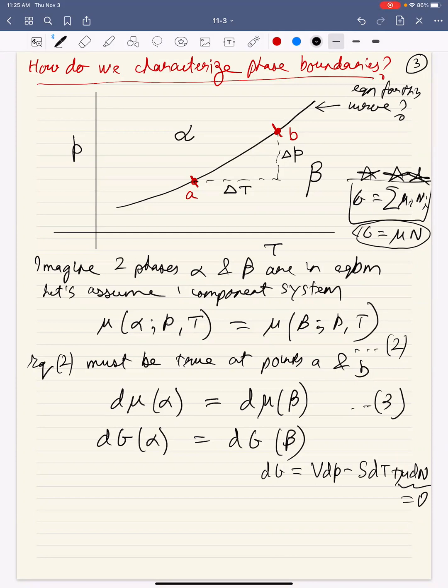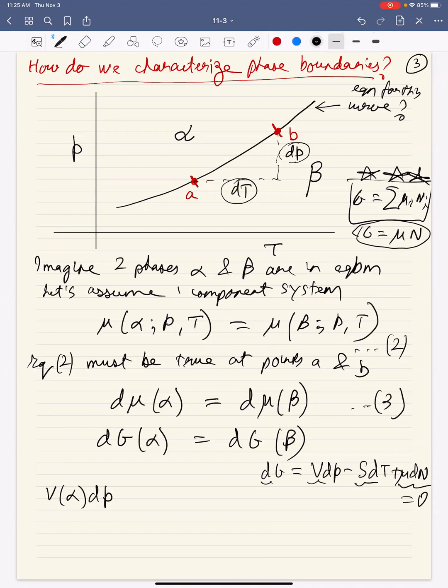So dG is equal to V dP minus S dT. And we can use this and write it for phase alpha and for phase beta, okay? For phase alpha, it will become the volume of phase alpha multiplied by dP, and dP is the same. We changed the pressure and temperature by dP and dT.